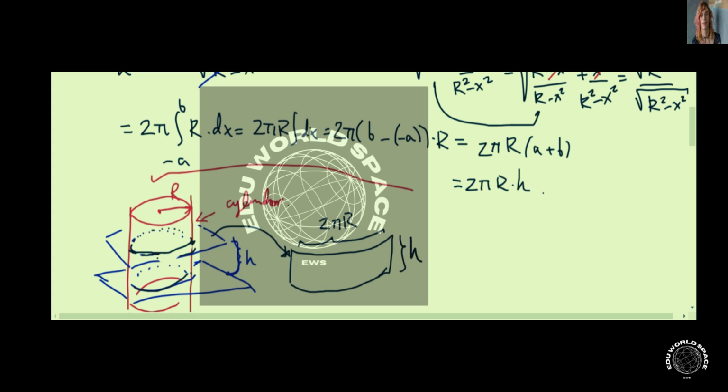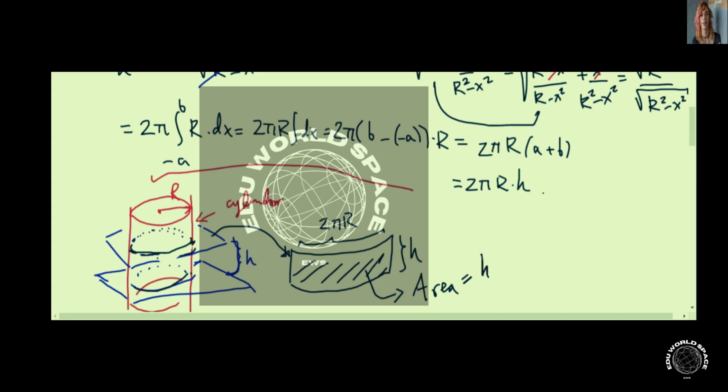So this area is also this number, because the area is that distance times that distance.